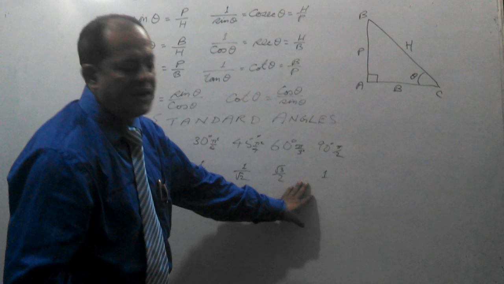In fact, D gets cancelled, which is 2C by 2. So A plus B is equal to C. We will be using it somewhere.